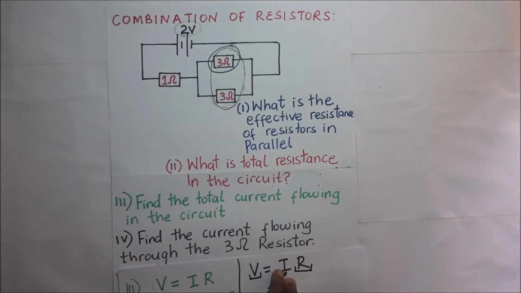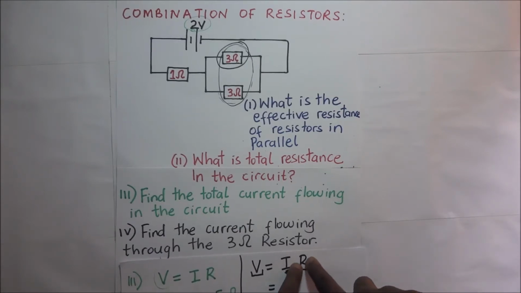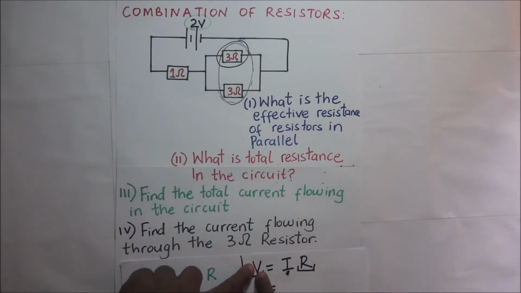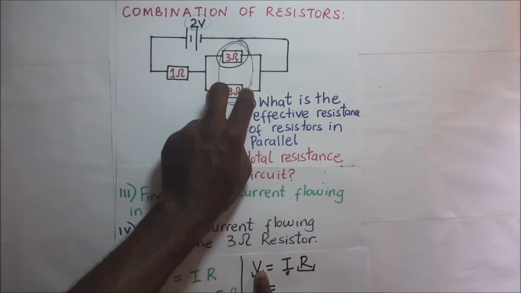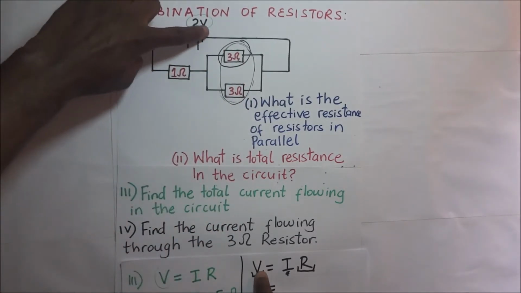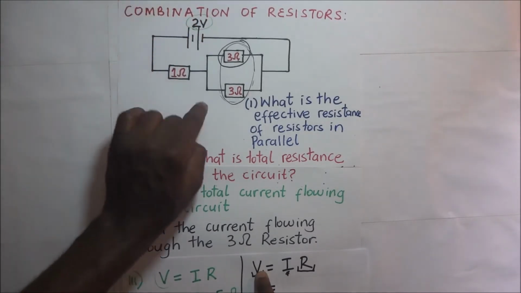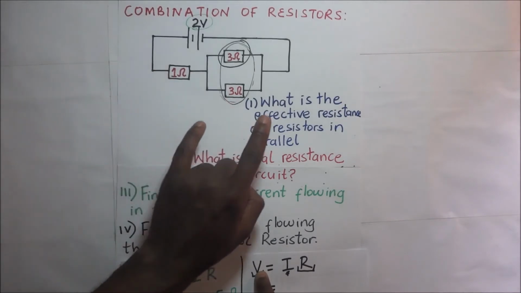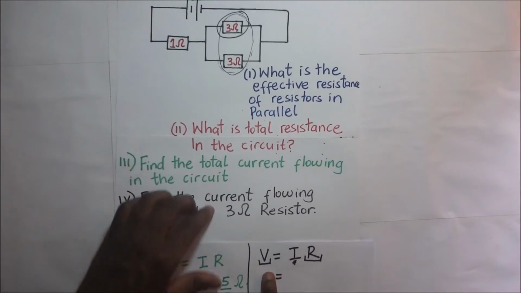So if we want to find the current flowing through the 3 ohm resistor, which is the I we are denoting here, we are only concerned with the resistance of the 3 ohms times the voltage across the 3 ohms. Now the voltage across the 3 ohms is not the same as the voltage in the whole circuit, because the total voltage across this cell is equal to the voltage across this 1 ohm resistor plus the voltage across this combination. That is in this diagram.